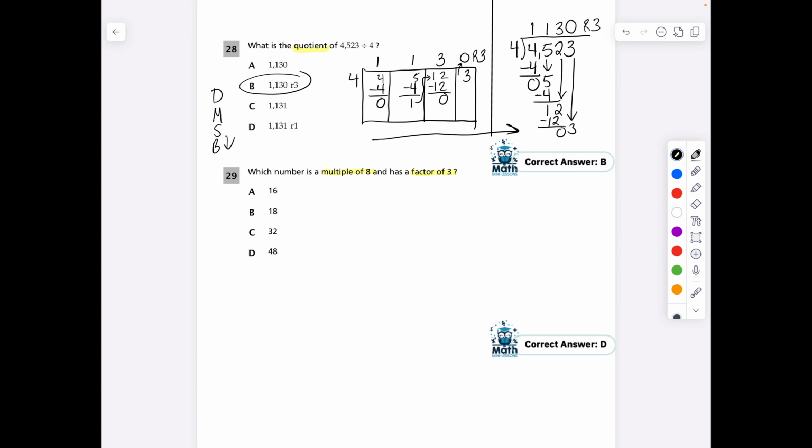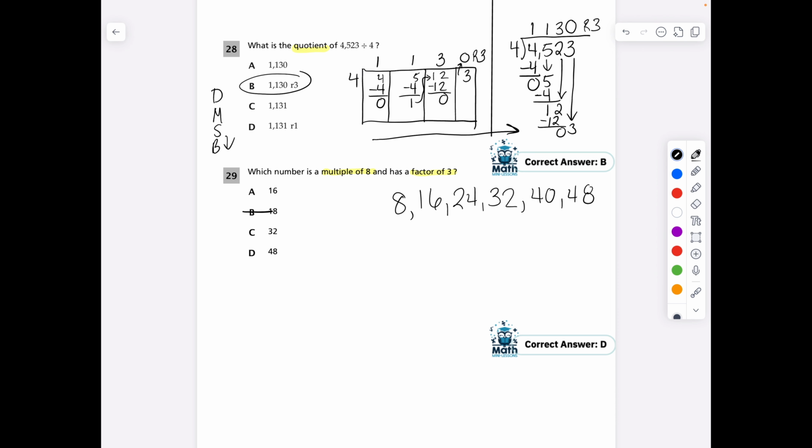I'm going to start with 8s and just skip count by 8s. 8, 16, 24, 32, 40, and 48.